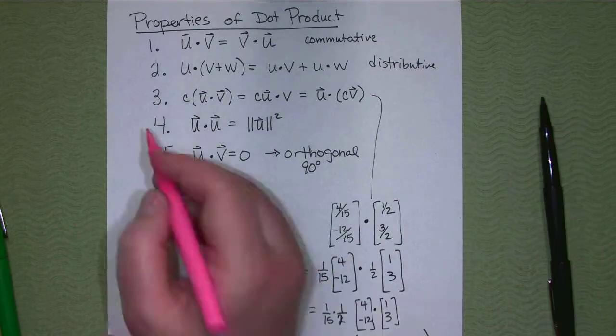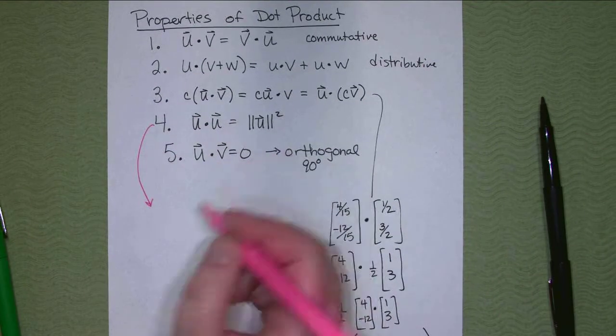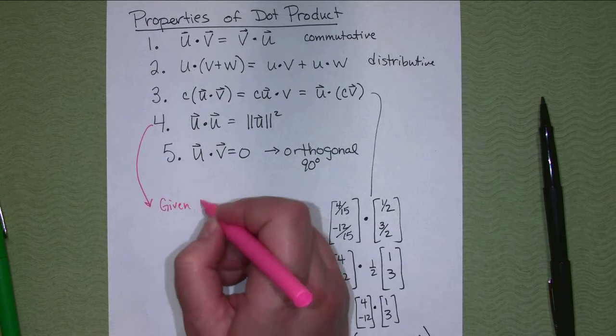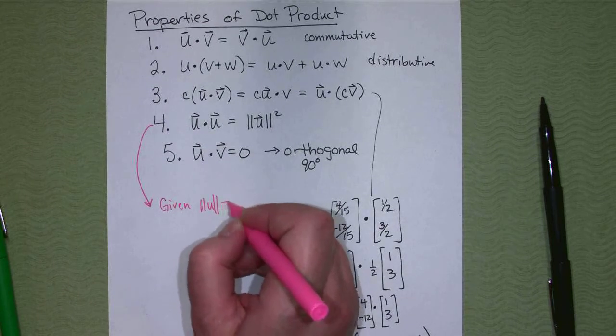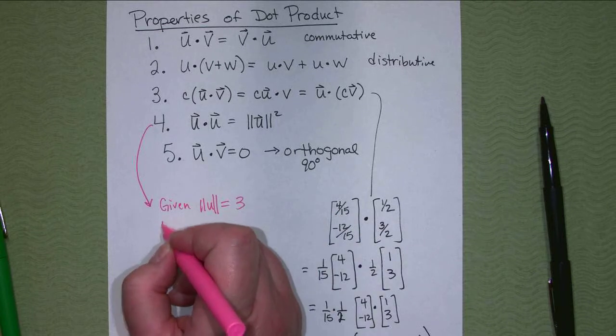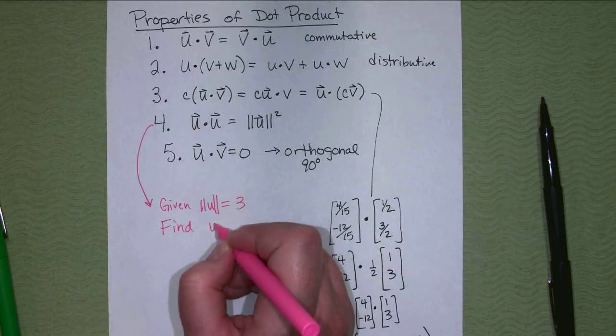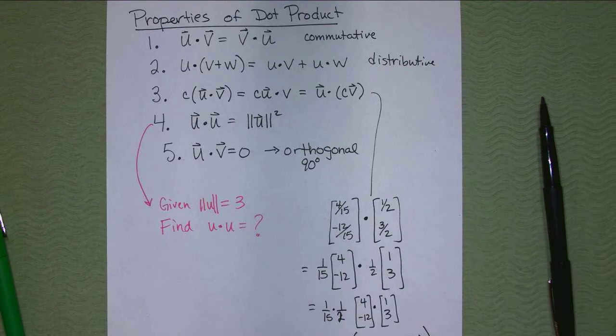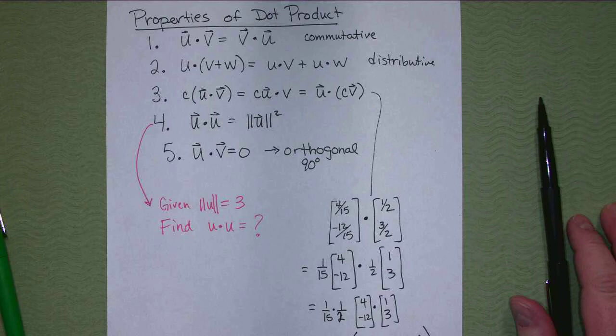So number 4 here is, for example, if you were given the length of u equals 3, and you were asked to find u dot u. So you needed the length and you needed the dot product. So what would you do?